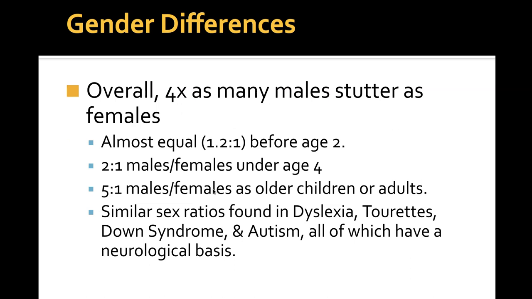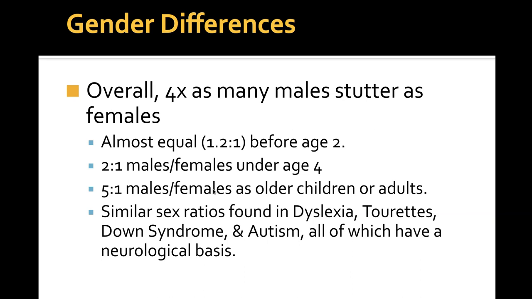Gender differences. Girls are going to start to stutter a little bit earlier. They've got stronger language skills. They're talking more earlier on. So they're going to start to stutter earlier on. And again, that's going to help them to change the way they talk because they have more time, more plasticity in how they're speaking. They're going to stop.